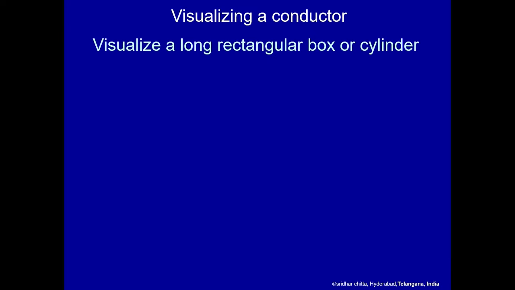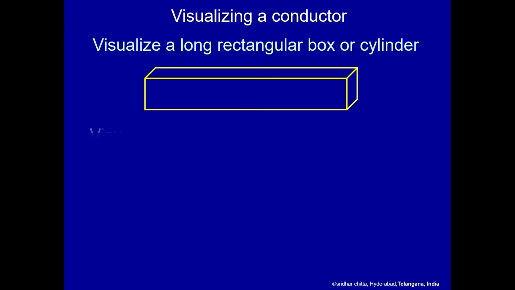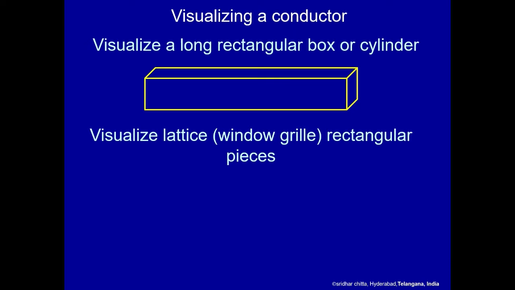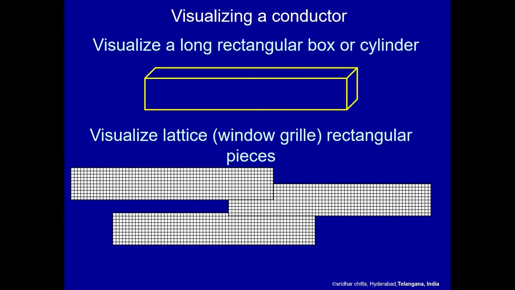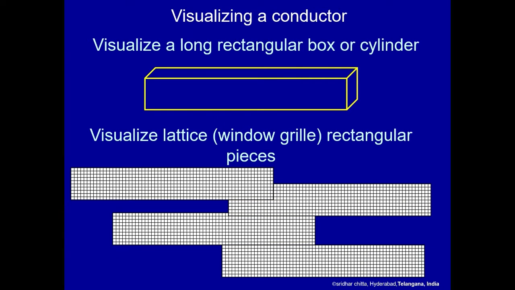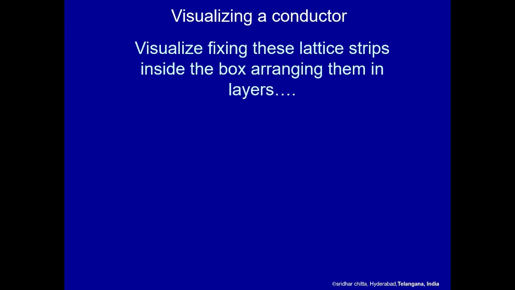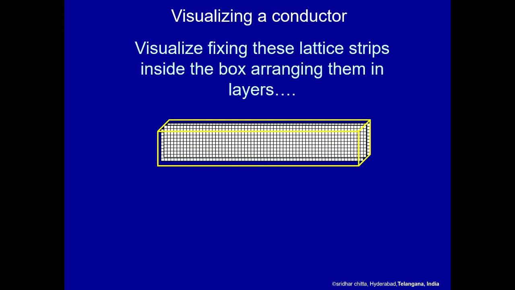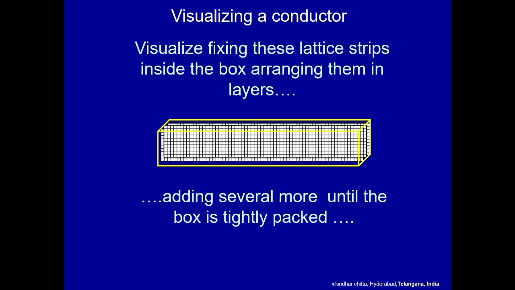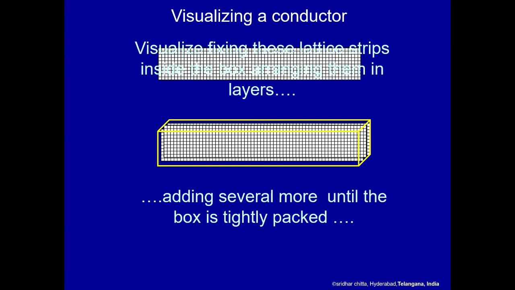Visualizing a conductor. Visualize a long rectangular box or cylinder. Visualize lattice, that is window grill, rectangular pieces. Visualize fixing these lattice strips inside the box, arranging them in layers. Adding several more until the box is tightly packed.